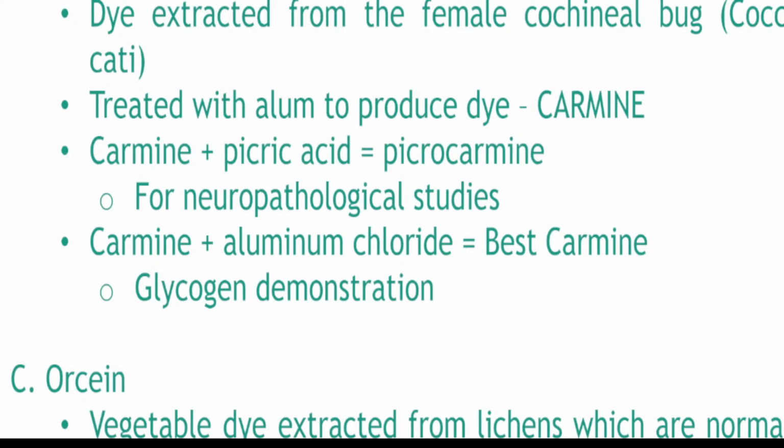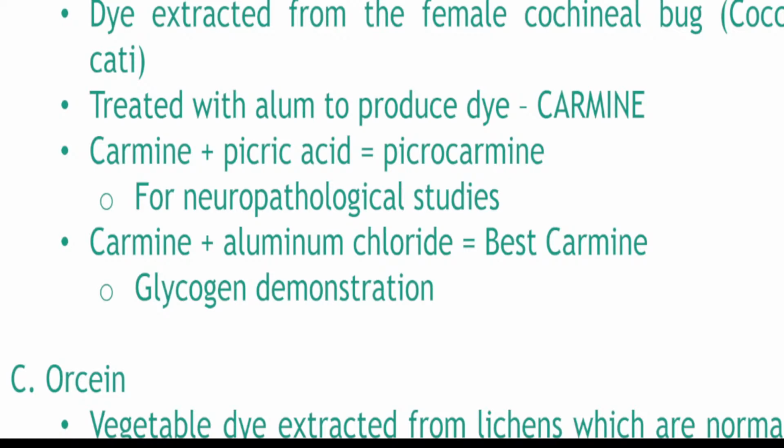Like those things that you see in your books that said this was stained with mucicarmine or picrocarmine. So mucicarmine basically is for mucoid samples. Okay, and there's another type of carmine which is known as Best carmine.